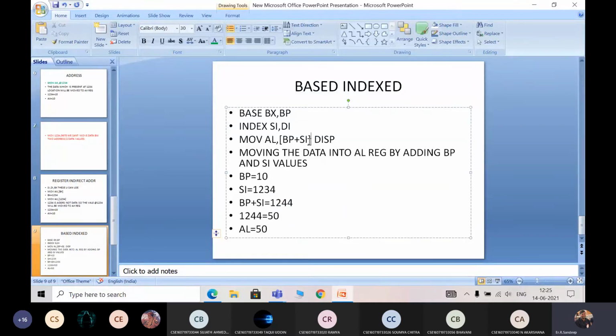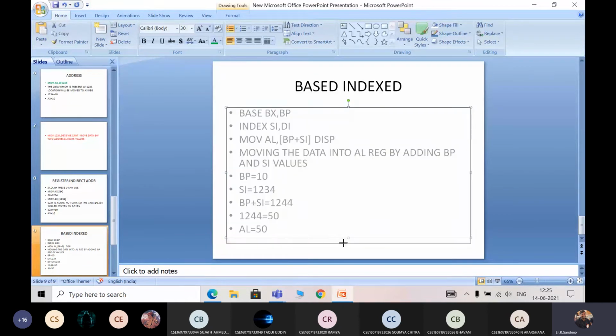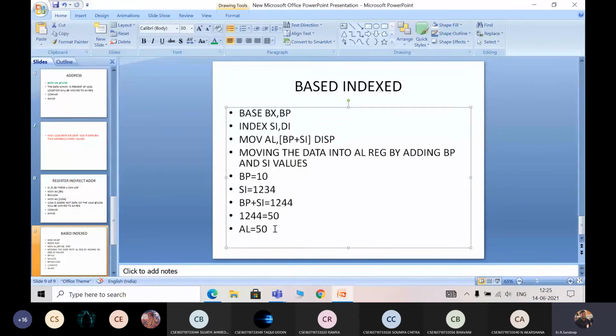Why? Because it is placed in the square brackets. So 1244 is an address. The value present at this address will be moved into the AL register. In my example, I assumed it is 50, so the value of AL will be 50.